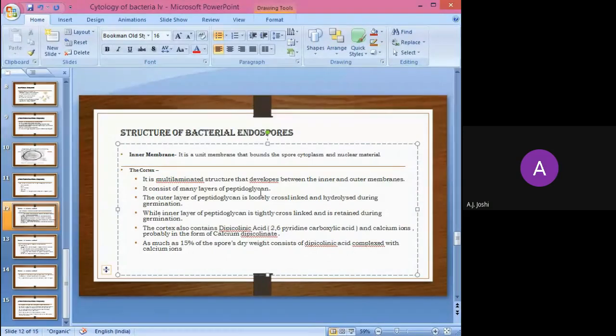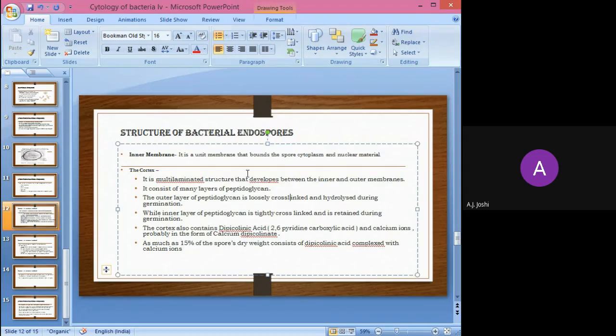That means when germination occurs, the peptidoglycan layer is retained as it is. It remains as it is during the process of germination. So the inner layer of peptidoglycan is tightly cross-linked and is retained during germination.